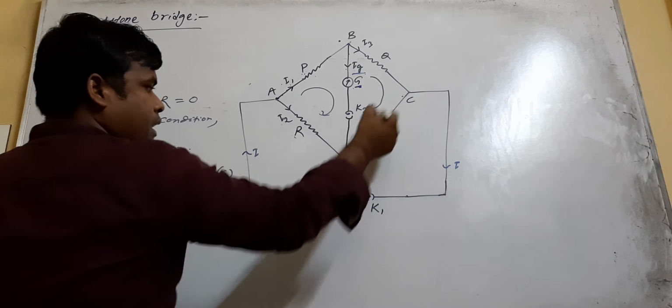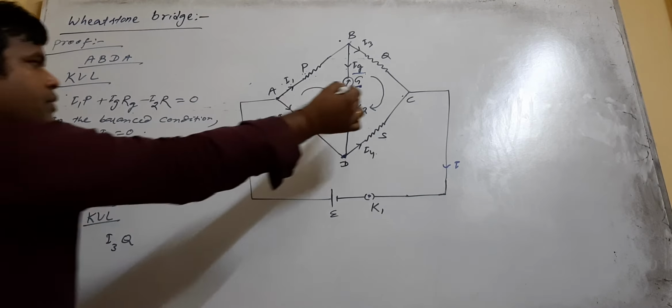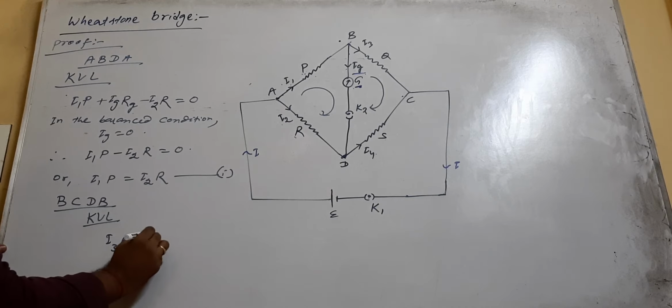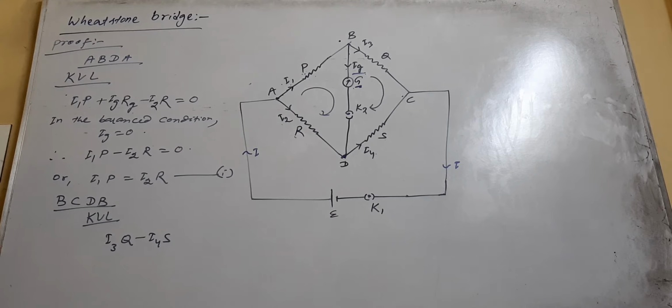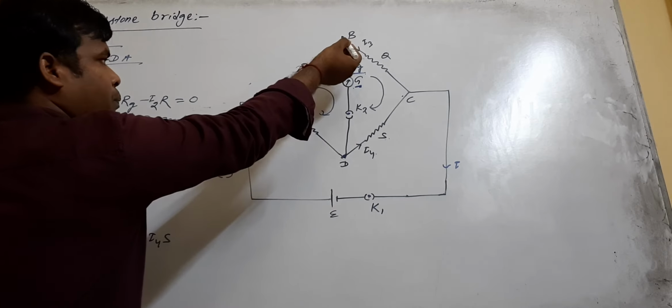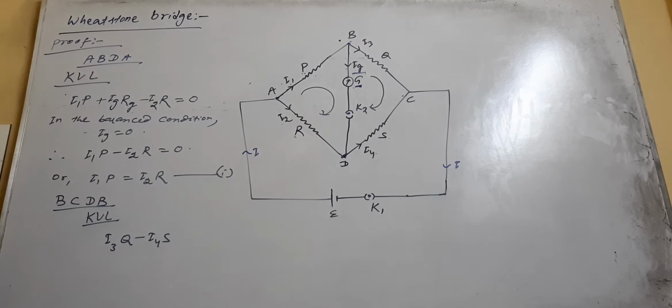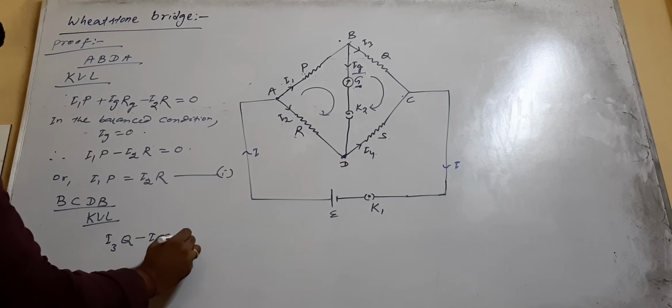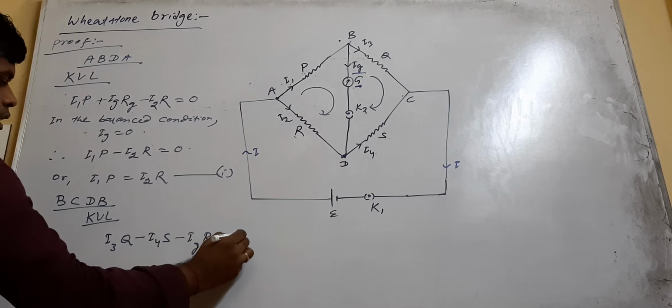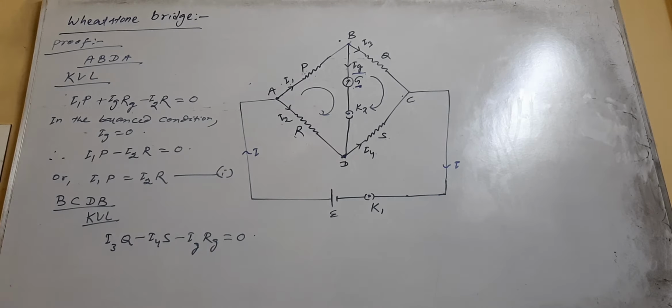When you go from C to D, you see it is opposite direction of the current. So it is minus I4S. The resistance here is S. And from D to B, you see you are going in opposite direction to the current Ig. That is, the voltage drop is minus Ig into Rg is equal to 0.